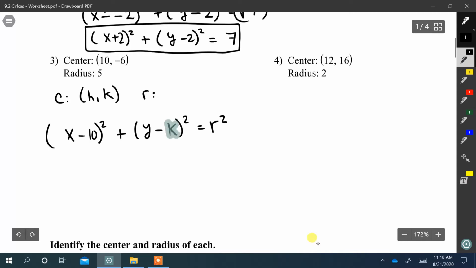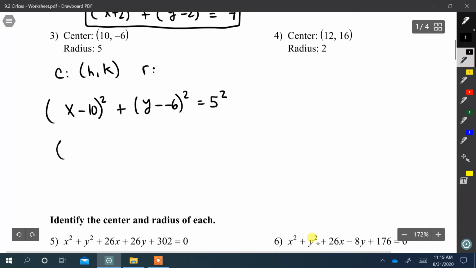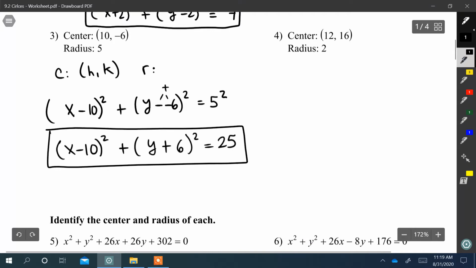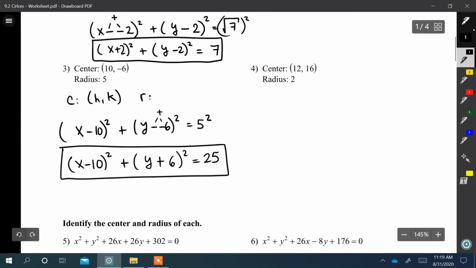And I'm going to erase the k, and the k in this case is -6. I'm going to write -6 right there. And then the r is 5, so I'm going to put a 5 right there. So we have x minus 10 squared plus, this and this will turn into a positive, y plus 6 squared is equal to 5 squared, which is 25. And this right here is the equation that we needed.